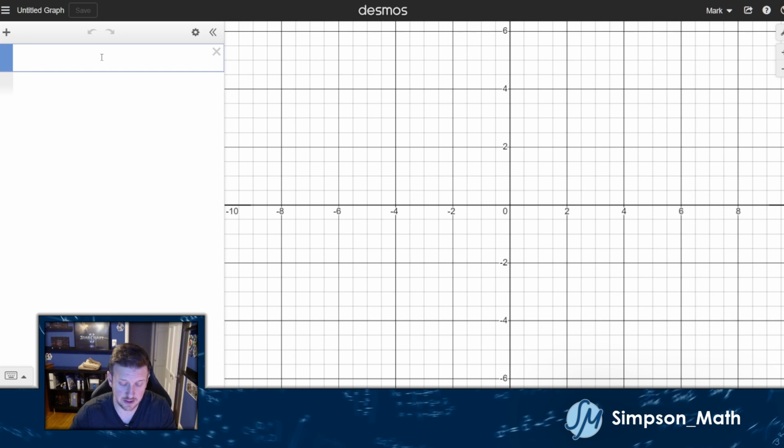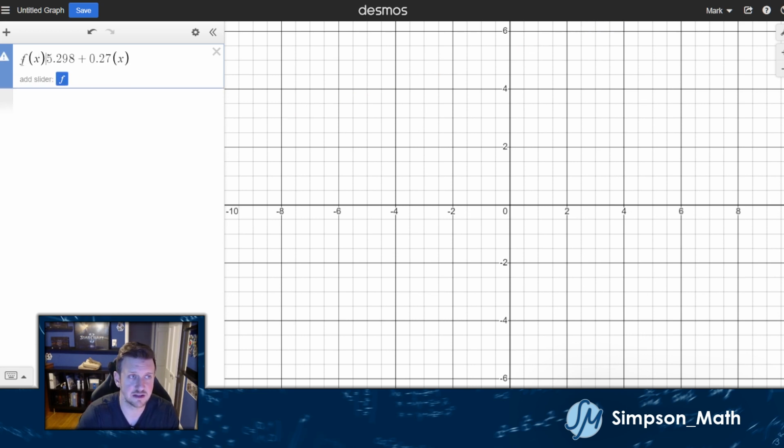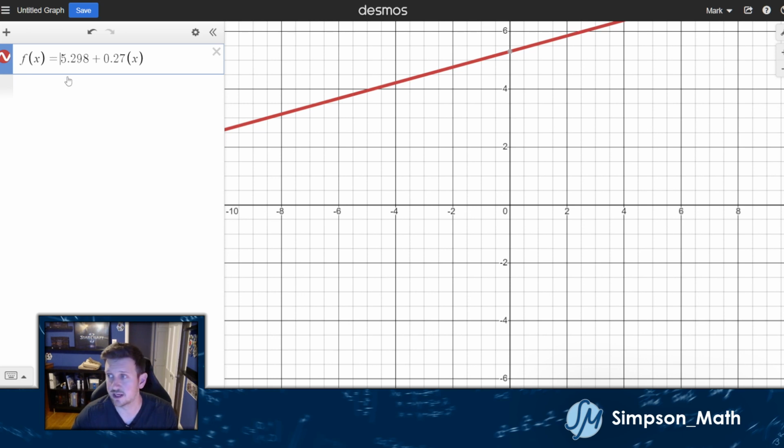The wins hat formula is 5.298 plus 0.027 times x for salary. And I'm going to say this is f of x, so I can use function notation.